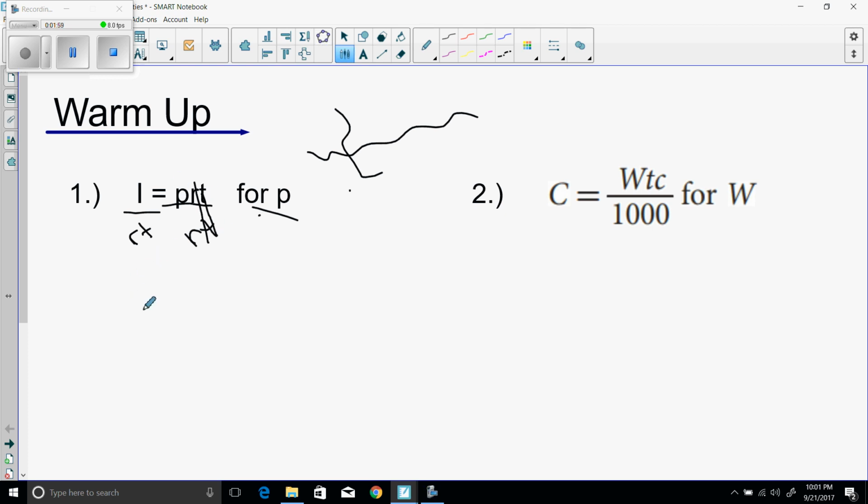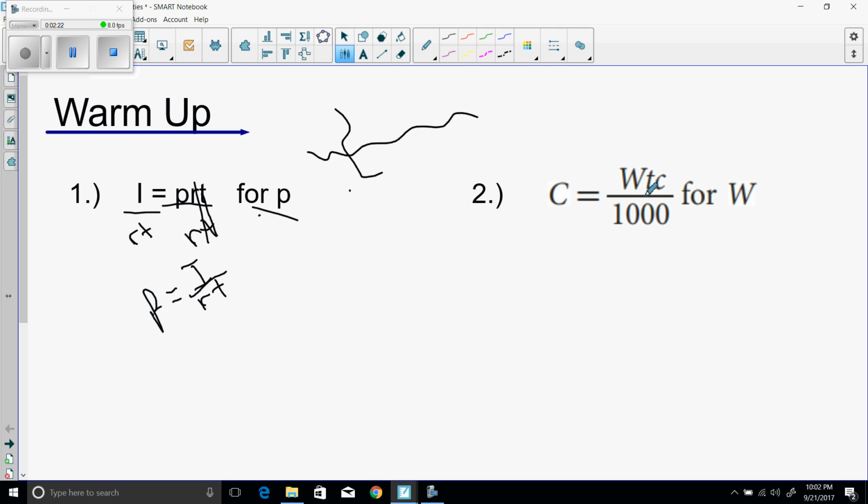I'm going to write that first and say p is then equal to I divided by rt. It's the best I can do with this, but p is equal to I divided by rt is the best that we can do for this. I can't do any computation. That's the best I can do.